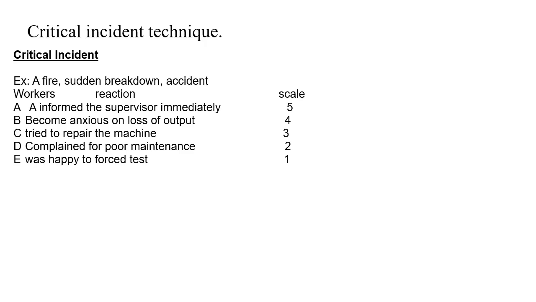So every time the supervisor will be looking into the behavior, which may not be liked by the employee. Recording of the incidents may be a chore for managers who may be too busy or forget to do it when the incidents happen. So these are the limitations.